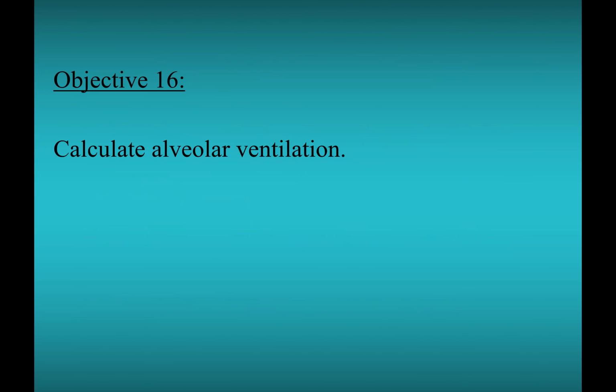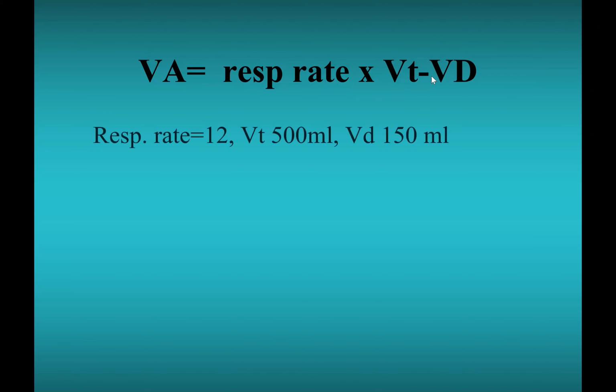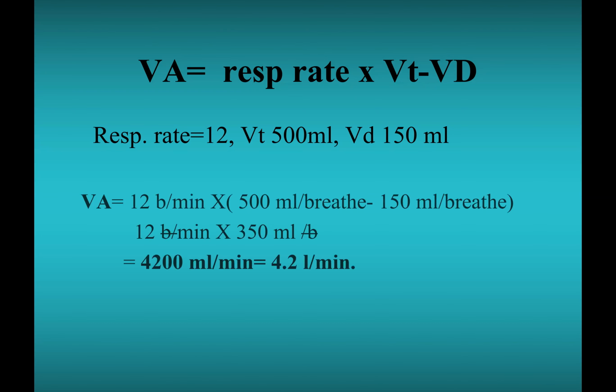If you were to calculate alveolar ventilation, this is objective 16. Alveolar ventilation equals respiratory rate times tidal volume minus dead space. And remember, we will have parentheses here. In this example, we have a respiratory rate of 12, tidal volume 500 mLs, and a dead space of 150 mLs.